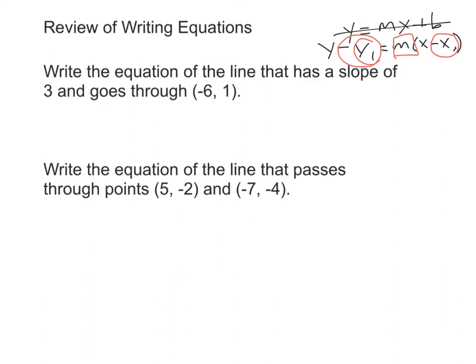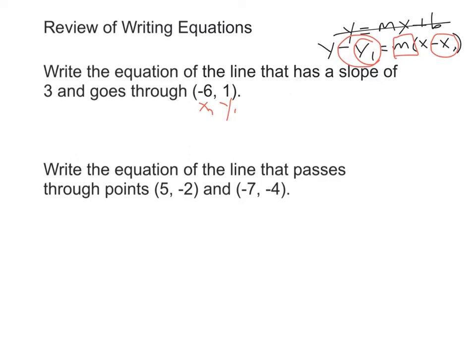So, with all that said, this right here is our x value, this right here is our y value, and we know the line goes through that point, so this is our first x point and our first y point that we know is on the line. Then all we have to do is plug the 3, the -6 and the 1 into this point-slope equation.